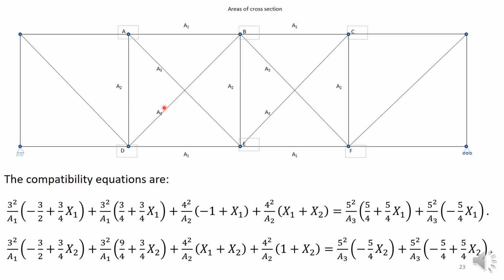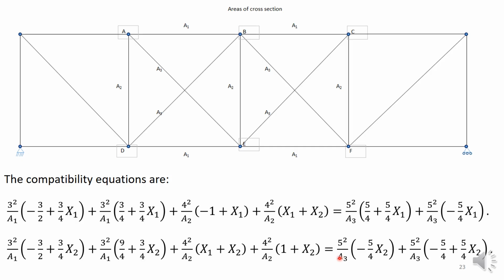Right, vertical, horizontal, diagonal. And these are the forces in the vertical members, in the horizontal members, in the vertical members. You can refer back to the previous slide to see how I got these. Similarly for the right-hand Stroop, these are the cross-sectional areas in the horizontal, vertical, and diagonal members.